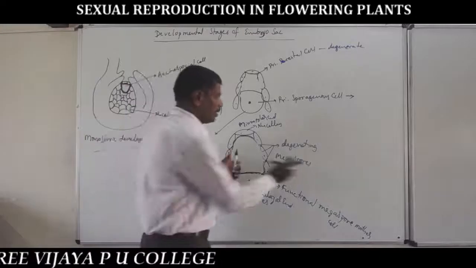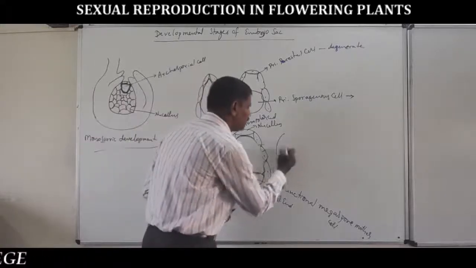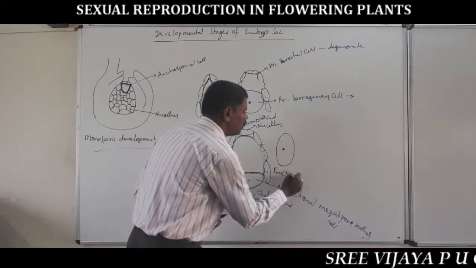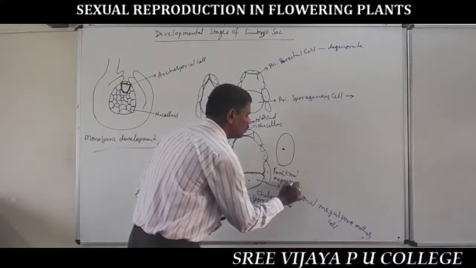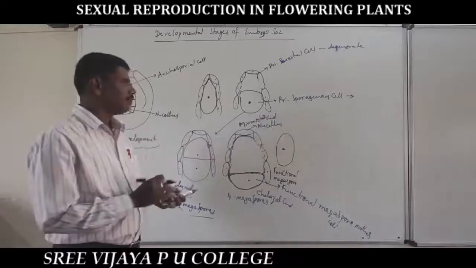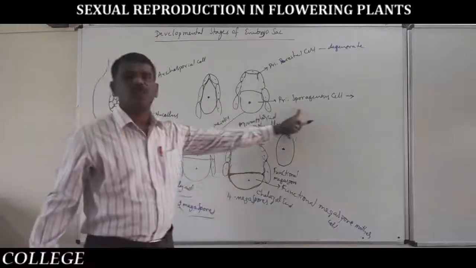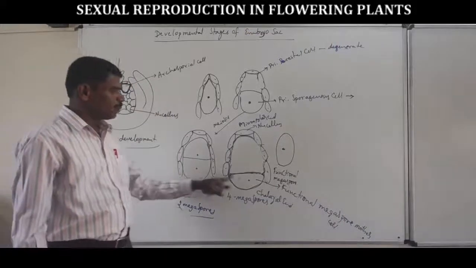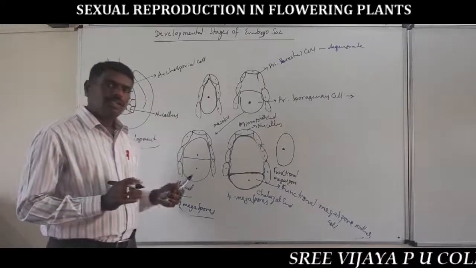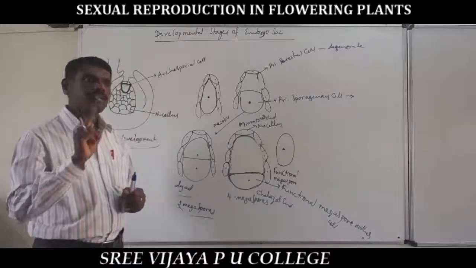See here, the primary sporogenous cell divides meiotically to produce four haploid cells. But the functional megaspore divides mitotically.